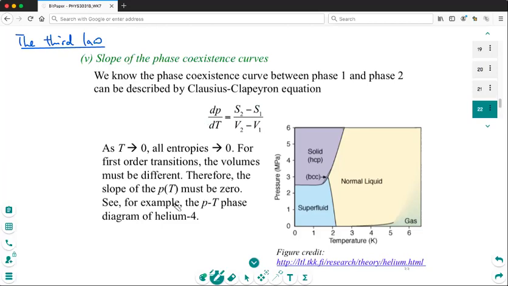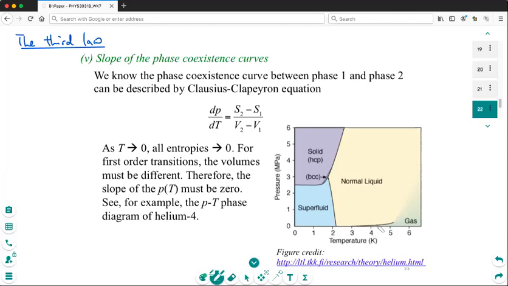Okay, and in tomorrow's exercise class, the TA will talk about helium again. So we will see something like this again. Maybe some take-home message for you is this: this is helium-4, and this is a pressure scale.